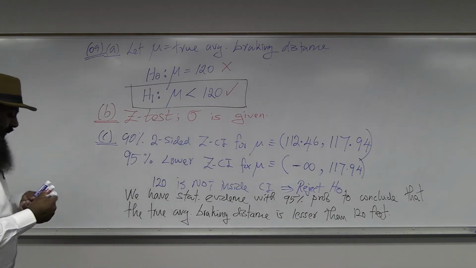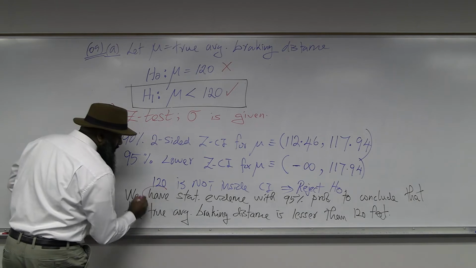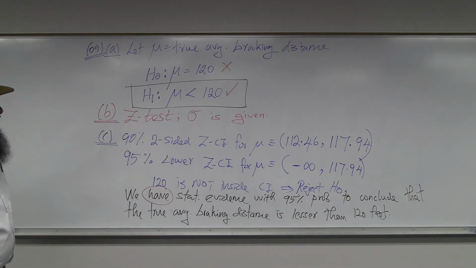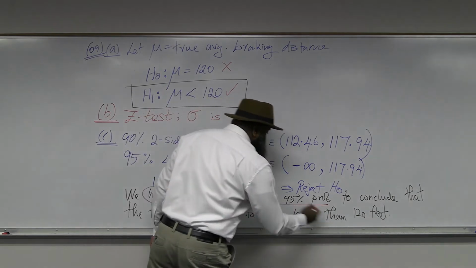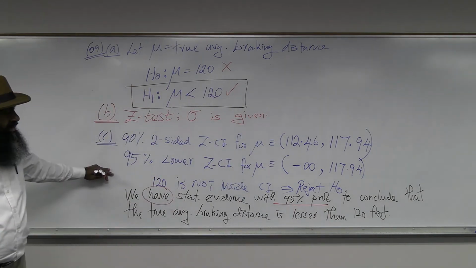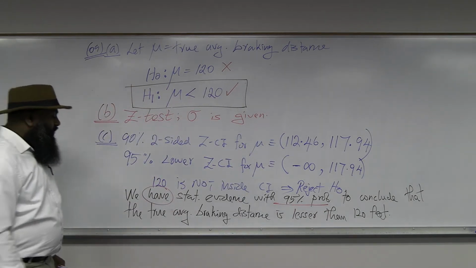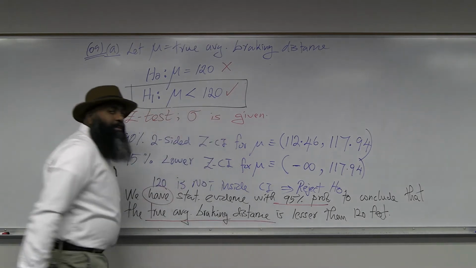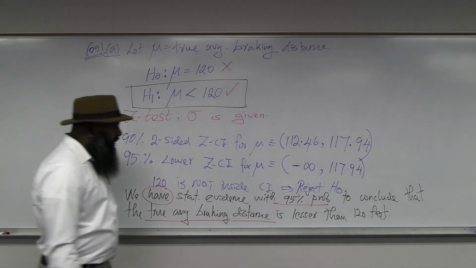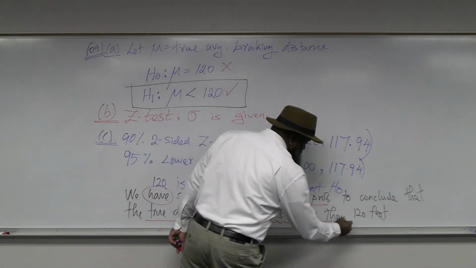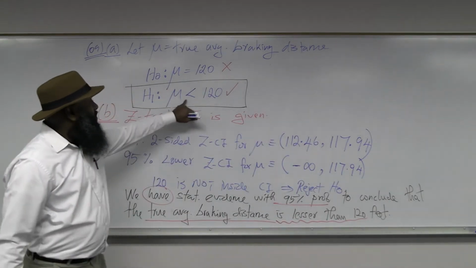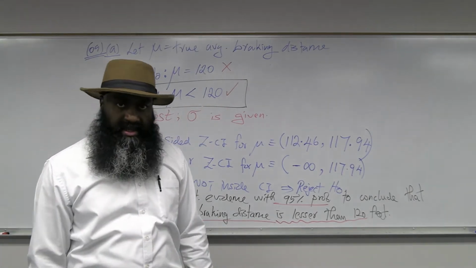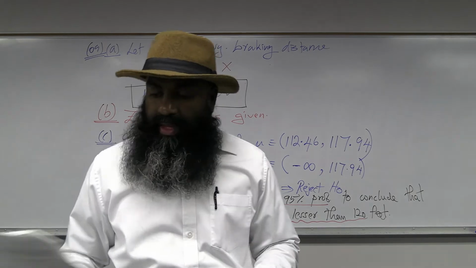I said we have, because our data supported this statement, and I said 95% probability because I used a 95% confidence interval, and to conclude that the true average braking distance, which is mu, is lesser than 120. That is, mu is lesser than 120. That's the alternative hypothesis written in words.